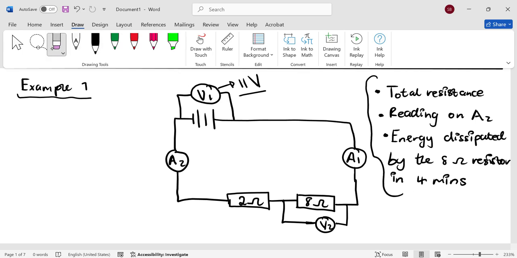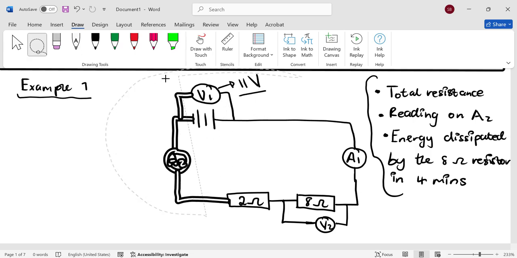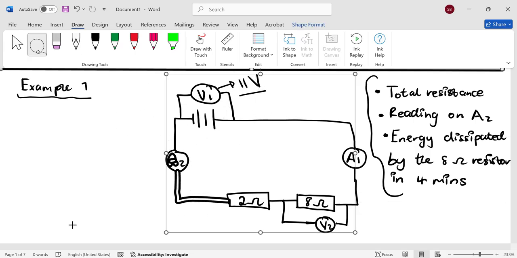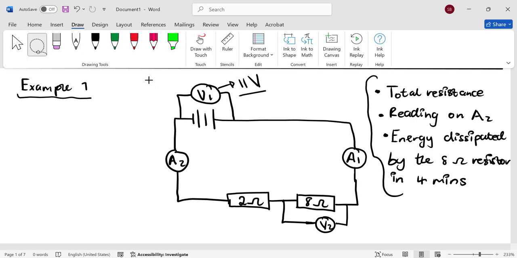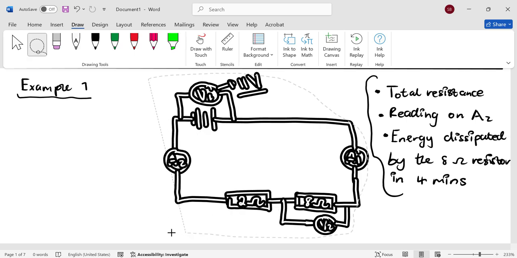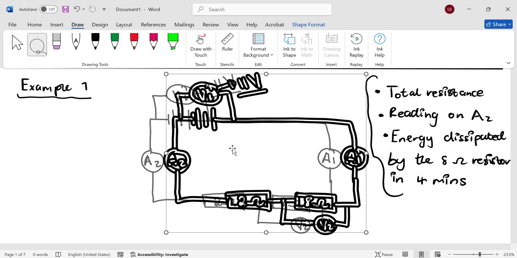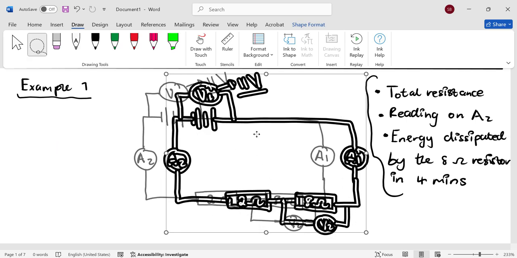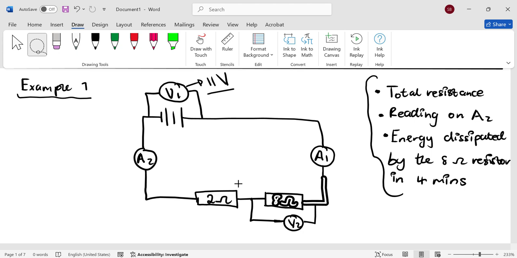Now, ladies and gentlemen, please promise me and promise yourself as well. Please do not break that promise. Promise me that when you get to an exam, in fact, from here onwards, you normalize the habit of analyzing your diagram before you attempt to answer any questions.